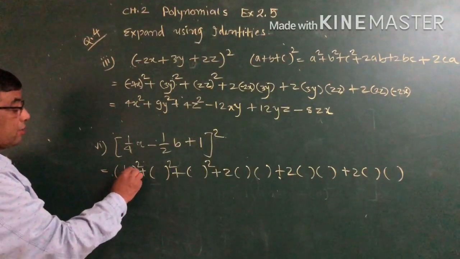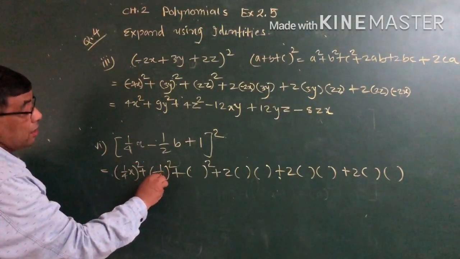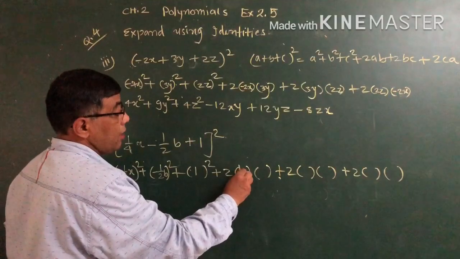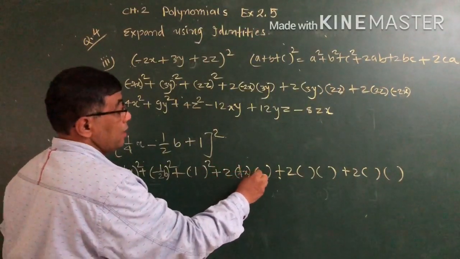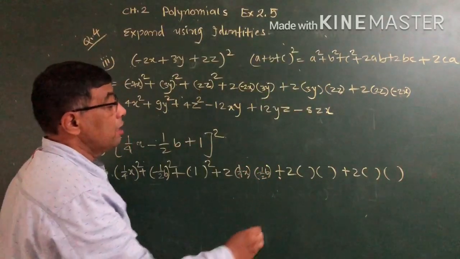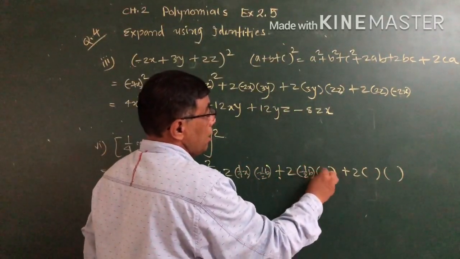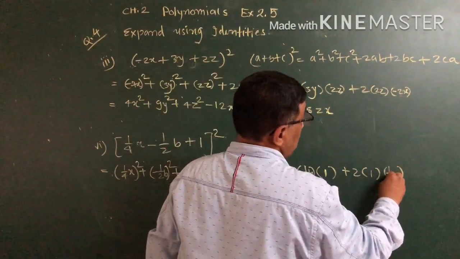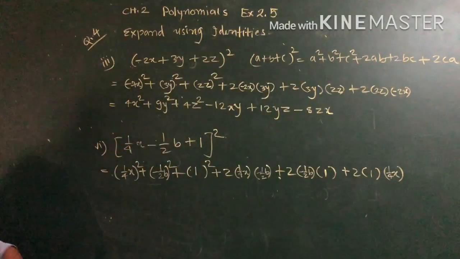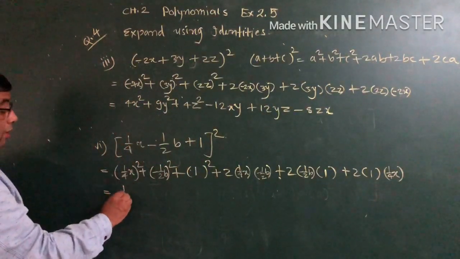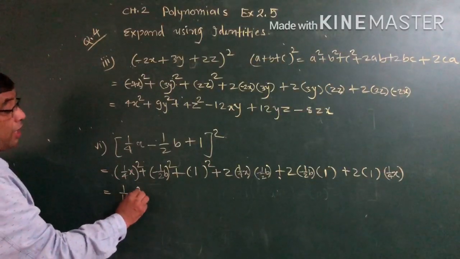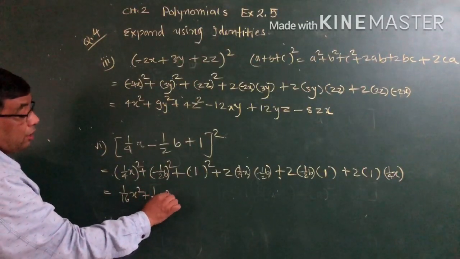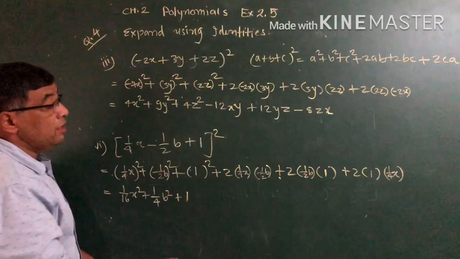A is 1 by 4x as given, b is minus 1 by 2b, c is 1, a is 1 by 4x, b is minus 1 by 2b, and c, here c and a. So now we simplify and write here 1 square is 1, 4 square is 16, x square, minus square is plus 1, 2 square is 4 and b square, 1 square is 1.